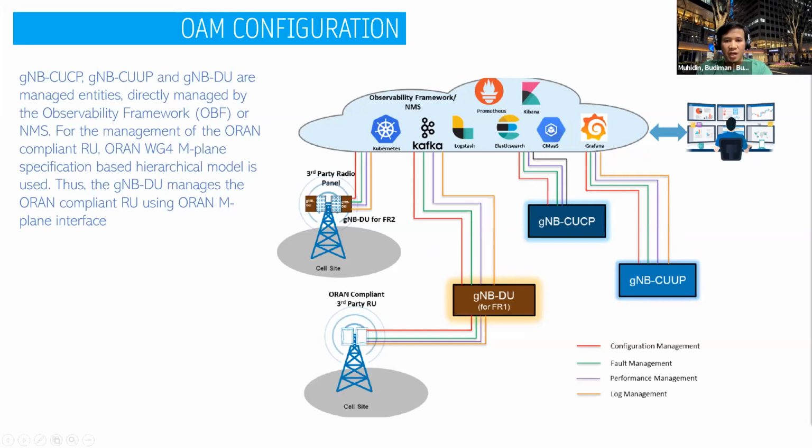And also we have fault management, and all the DU, CU and RU are managed directly, with fault management event notification to the OBF. We are using web-scale friendly protocols such as Kafka message bus or others. So everything is new for us.